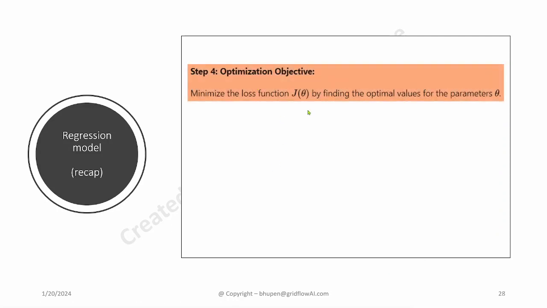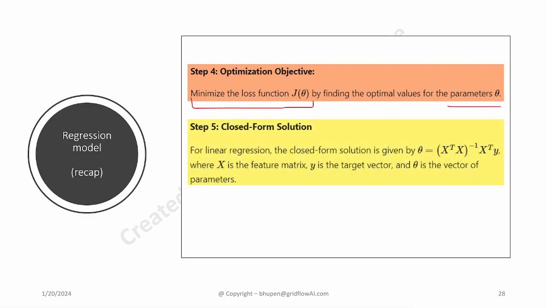Now the objective function, or which is basically the function used by the gradient descent to minimize the loss function in order to find the optimal value of the parameters or the coefficients.